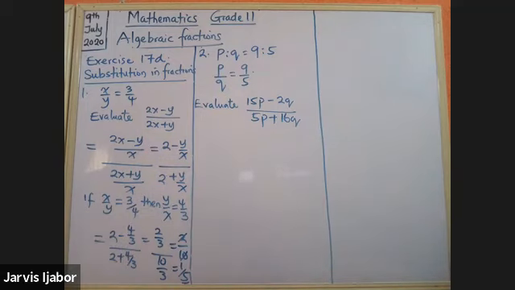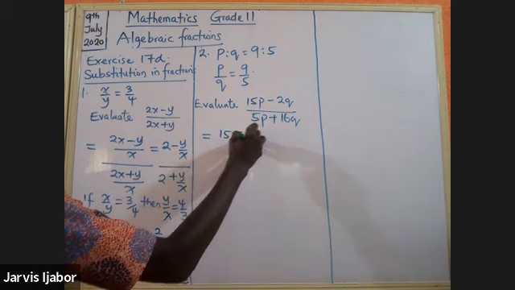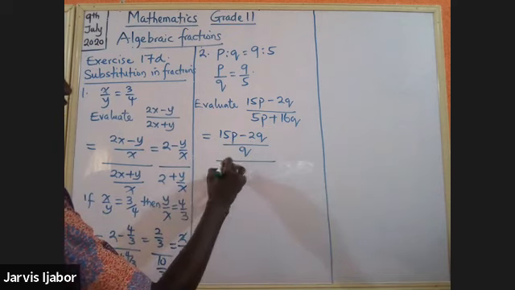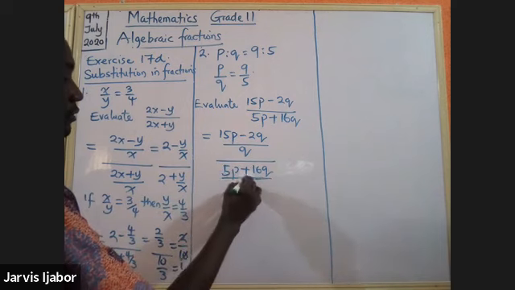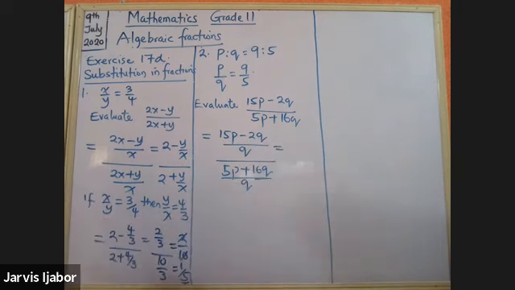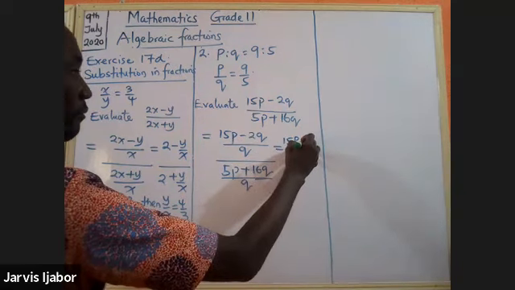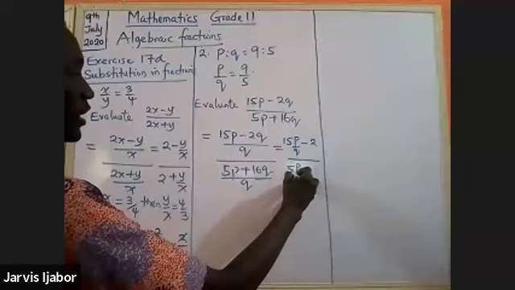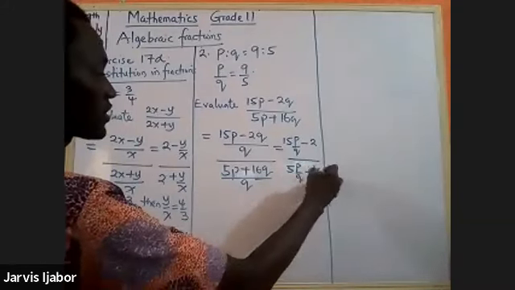So what do you need to do here? You divide top and bottom by Q. So this will be equal to 15P minus 2Q over Q divided by 5P plus 16Q over Q, everything over Q. Now, in simplifying that, you're going to get 15P over Q minus 2 over 5P over Q plus 16.